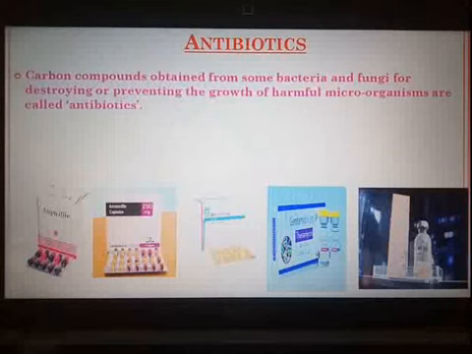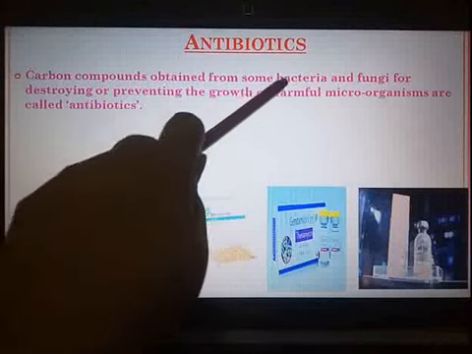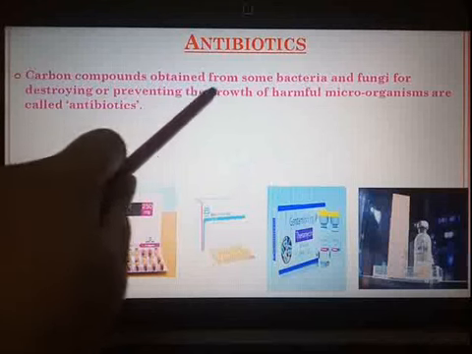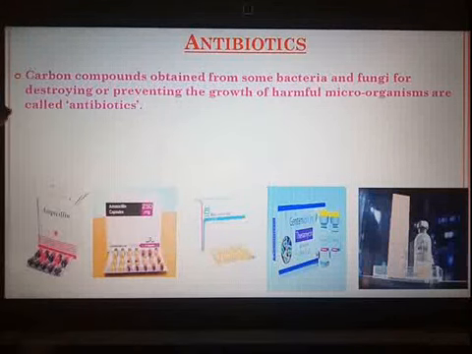In science, how can you define antibiotics? The carbon compounds which are obtained from some bacteria and fungi for destroying or preventing the growth of harmful microorganisms are called antibiotics.